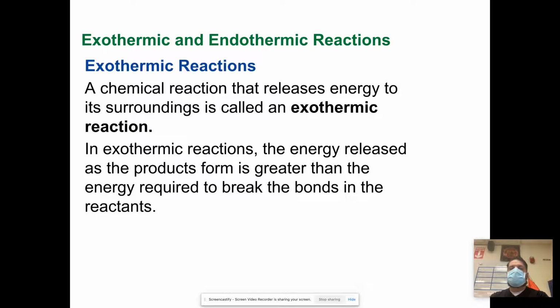So let's review what a chemical reaction is. It says that a chemical reaction that releases energy to its surroundings is called exothermic, right? Thermic meaning heat, exo meaning outside. So you're releasing heat to the outside. In exothermic reactions, the energy released as the products form is greater than the energy required to break the bonds.